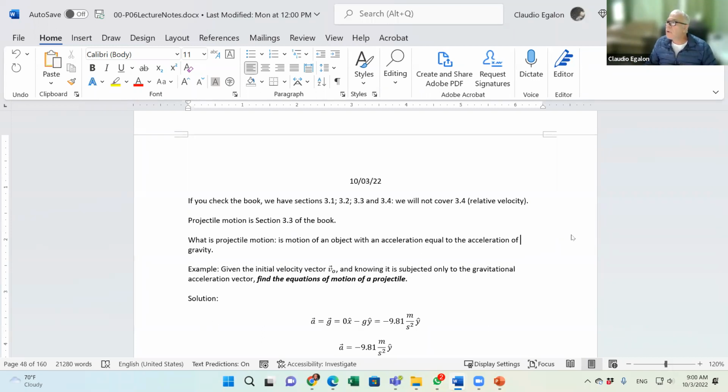I'm going to stop sharing momentarily. At this very moment I'm holding this pen, and this pen is doing some sort of motion like that. Under those conditions, it is not considered a projectile, because its acceleration is not 10 meters per second squared.